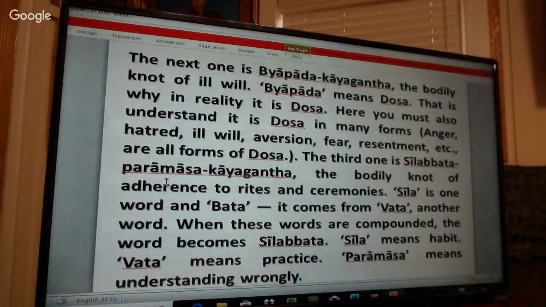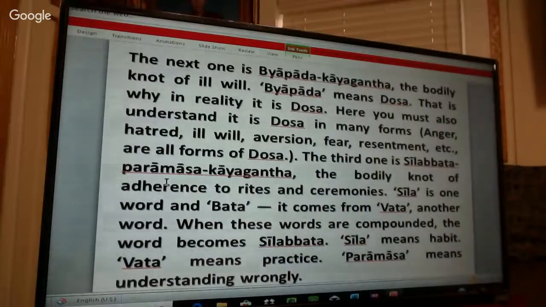Here, we must understand this dosa in many forms: anger, hatred, evil, aversion, fear, resentment, stress, all kinds of sorrow.